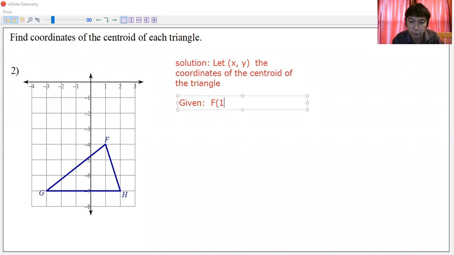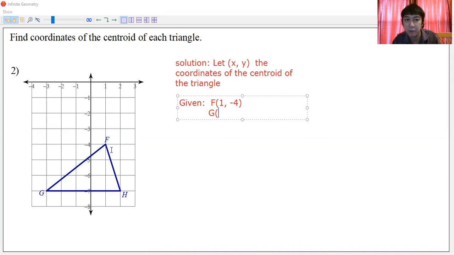So we have to read that 1, negative 4. Next, point G, that should be at the third quadrant. Remember, this is our origin here. The origin is here. So the triangle is located at the fourth and third quadrant.